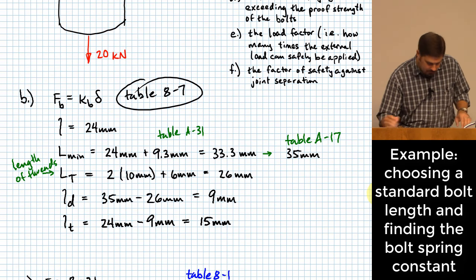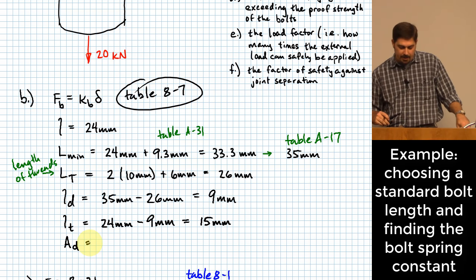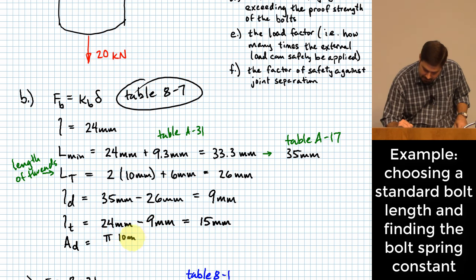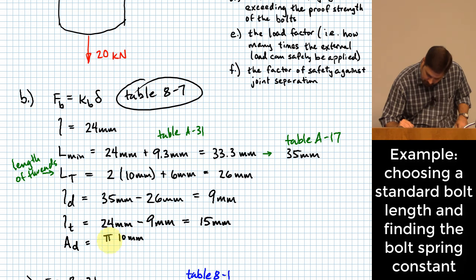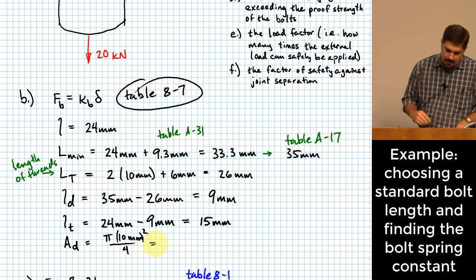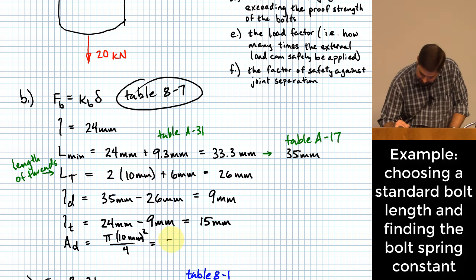Okay, moving on from there, we now need to know what are the areas. I need to know what is the area of the shank portion. For that, you just use a plain old area calculation, pi times 10 millimeters squared over 4. All right. And that just gives me 78.54 square millimeters.